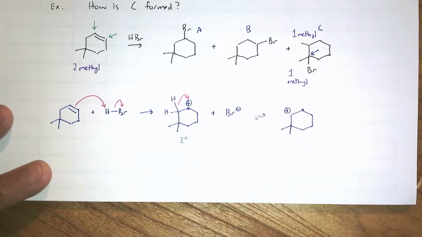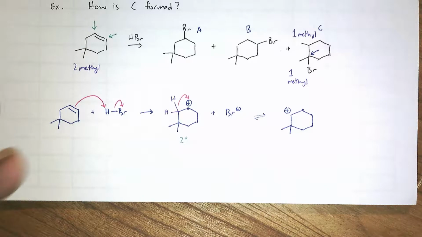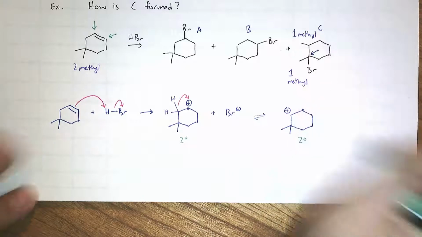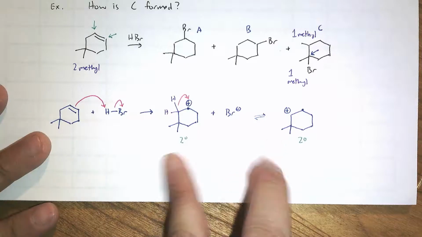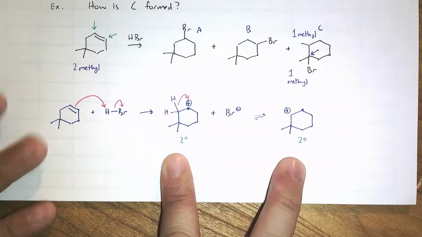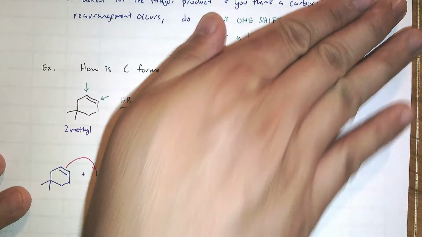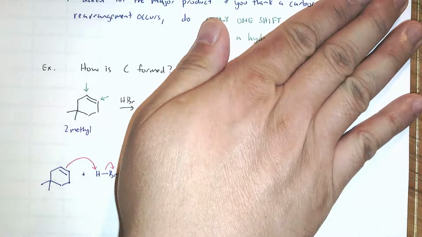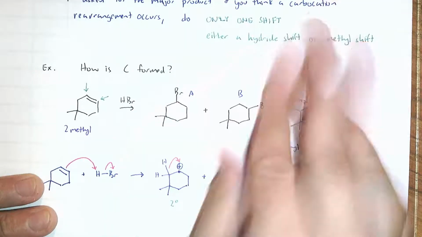Okay, that was a hydride shift. Honestly, it didn't really do much except get the charge closer to this position because we went from a secondary to a secondary. Okay, so again, if you were given this problem and you weren't given the products, I personally would not do any kind of shift. And I would draw both of these two.